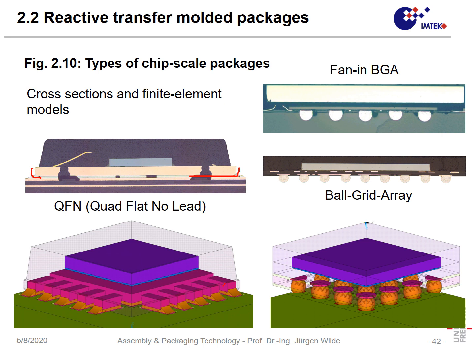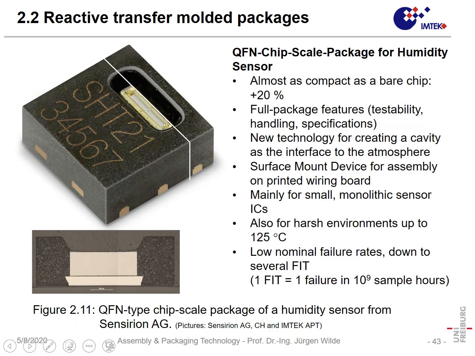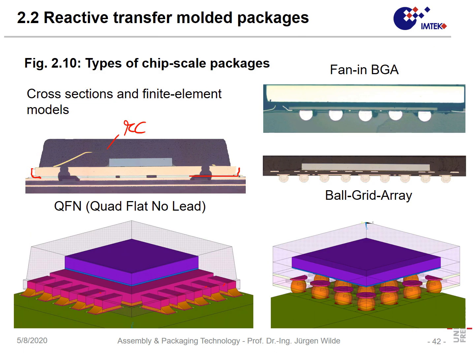And just to show you the examples, here is such a lead frame type. Here we can see clearly the lead frame. Here is the molding compound. Here is the wire bond. On the other hand, here, that's a device, that's the IC, and that already is the printed wiring board.